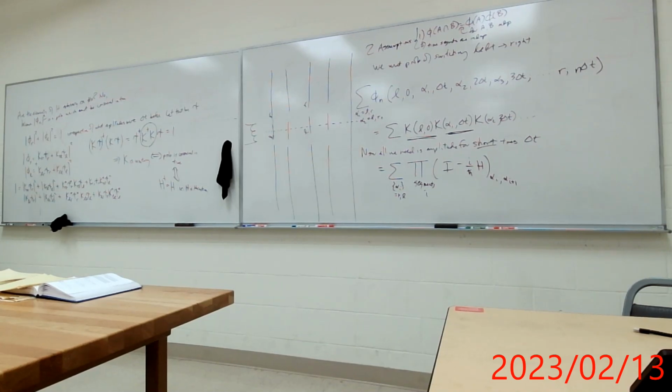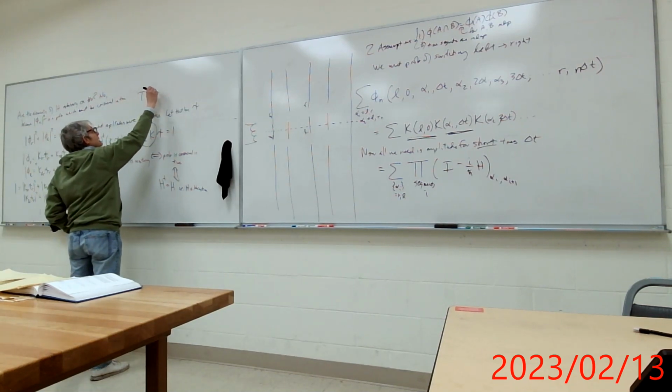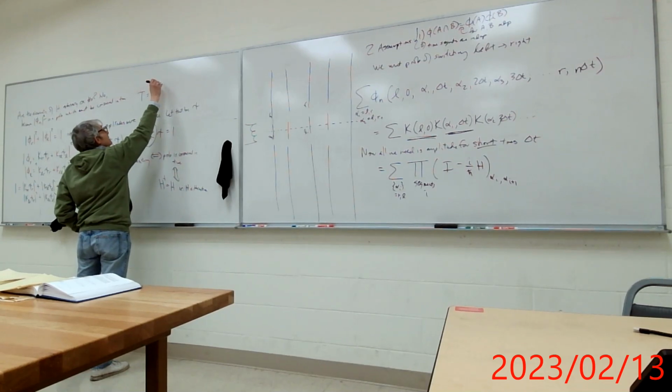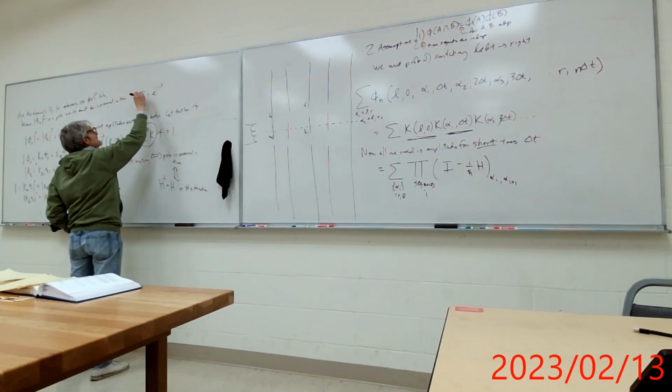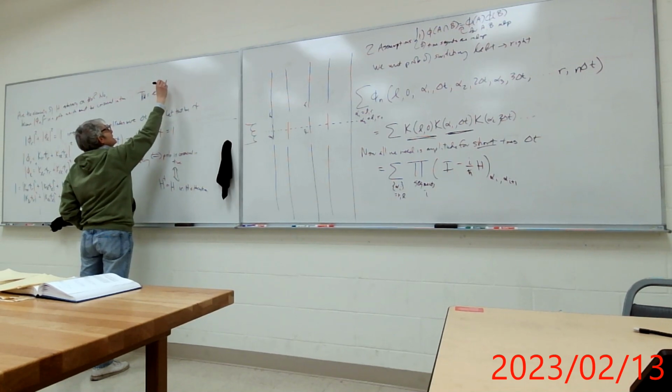So where did we see this before? Why should this look super familiar? We saw it with the translation operator. We saw it with the rotation operator. What was the translation operator, for example? Can we call it T? The translation operator was e to the minus i p dot D over h bar.